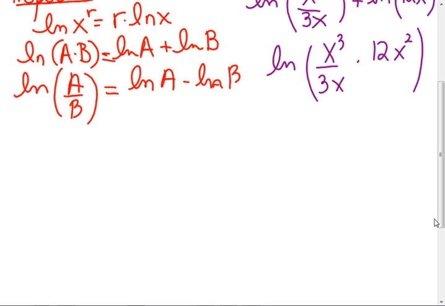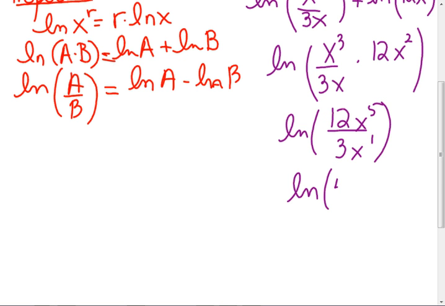No, it isn't. It's 12x to the fifth over 3x to the first. So if this were a free response, you're better off with this answer than the other answer here by simplifying. Well, if it's multiple choice, you have to simplify.